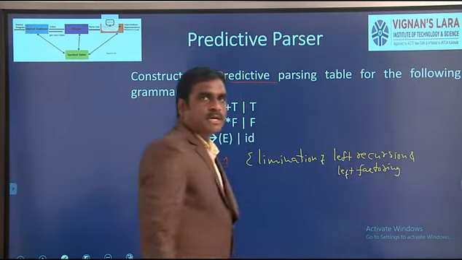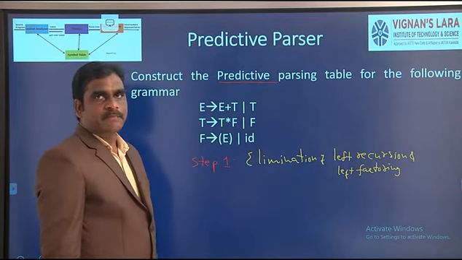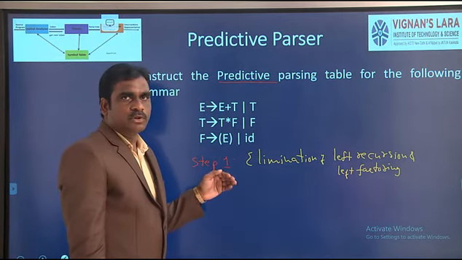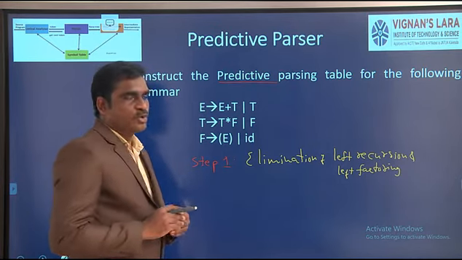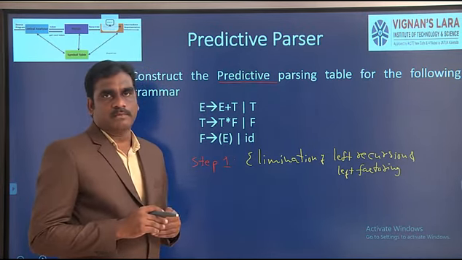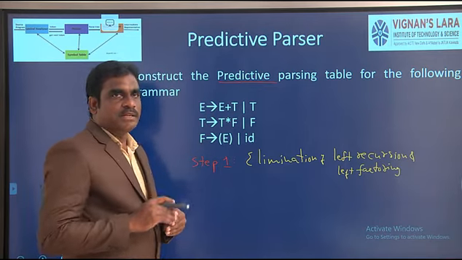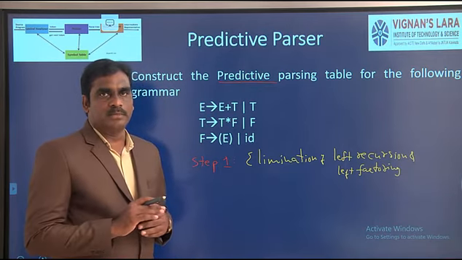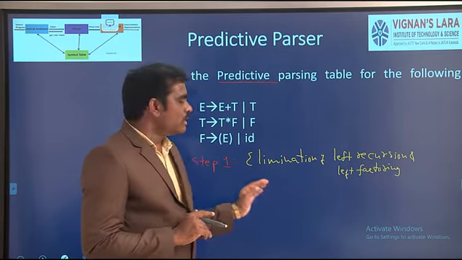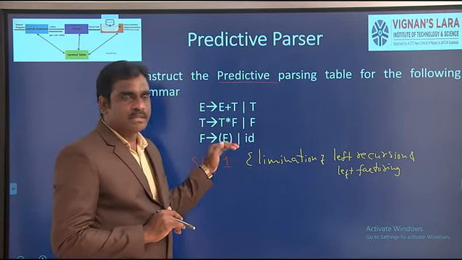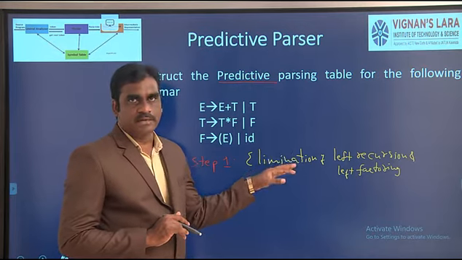So in top-down parsing without backtracking, the techniques are, one is RDP, the second one is predictive parser, and the third one is LL(1). So in these three methods, the step one is common, that is elimination of left recursion and left factoring. So check whether the given grammar has left recursion or left factoring.